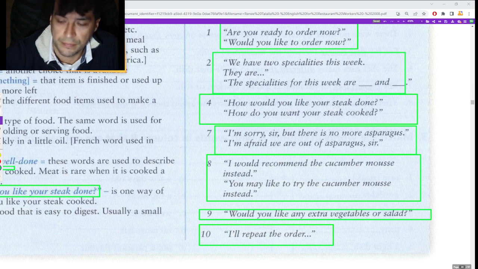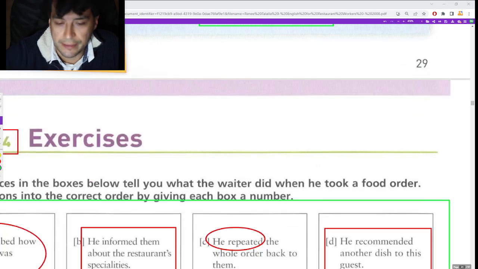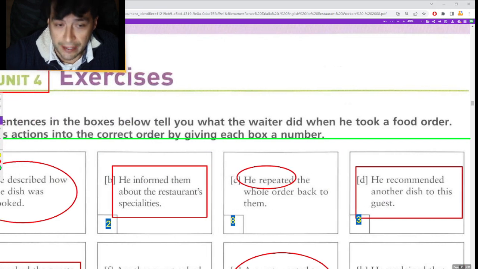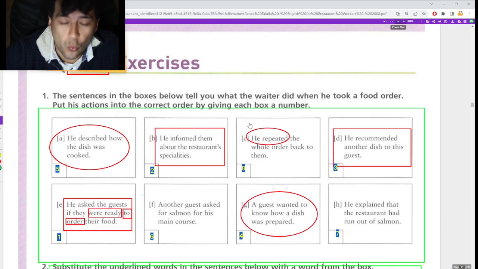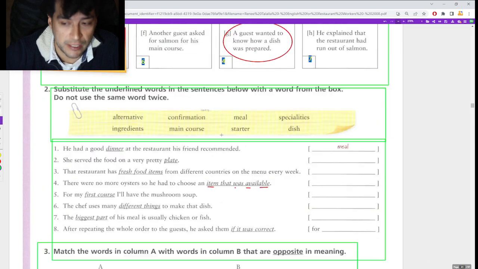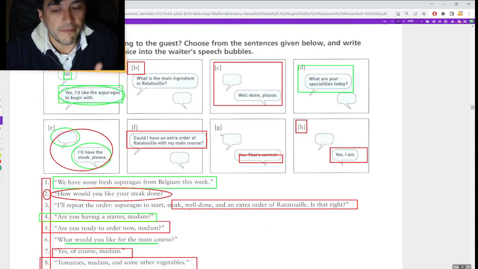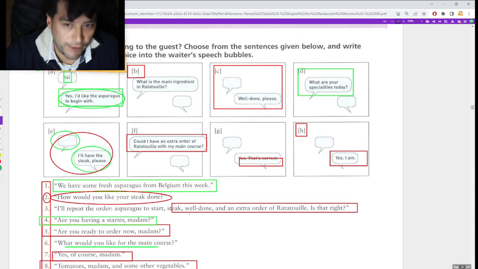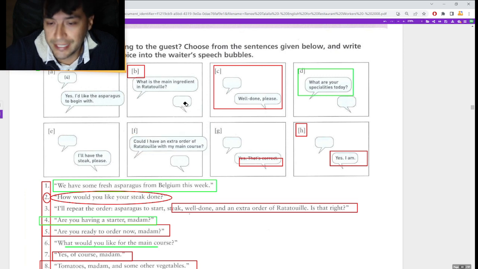Part 3. Exercise 5, page 29. Now we're going to do an exercise. In exercise 5, we have the situations, taking food orders, and we have the phrases, with the guest phrases, the customer, the client.